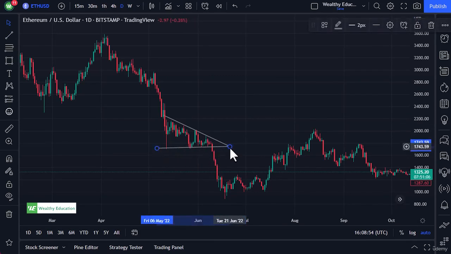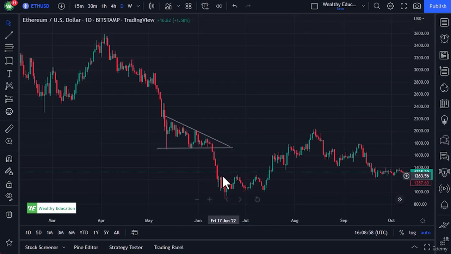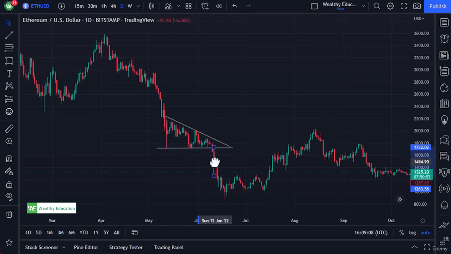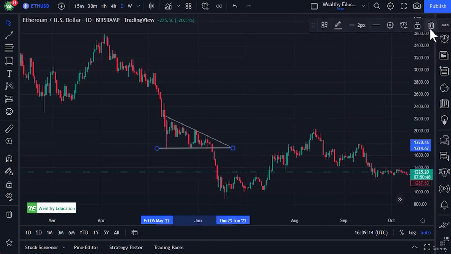The buyers, the support for Ethereum is right around here. And once we break down, that tells you the directionality. With this pattern, and a lot of patterns, not all patterns, you take the top of the triangle and you measure down, and that's where you expect the market to go. And it did. What you'll find is a lot of times it'll overshoot, but that's your measured move once you break out of that triangle.